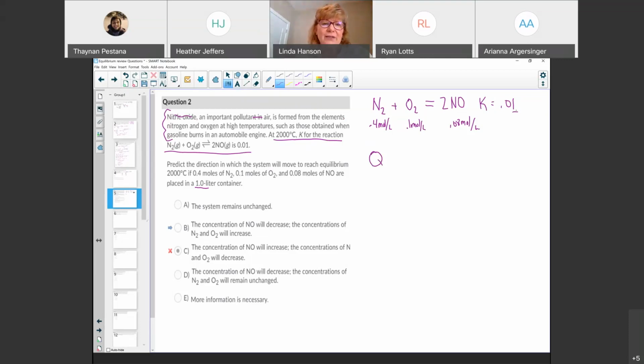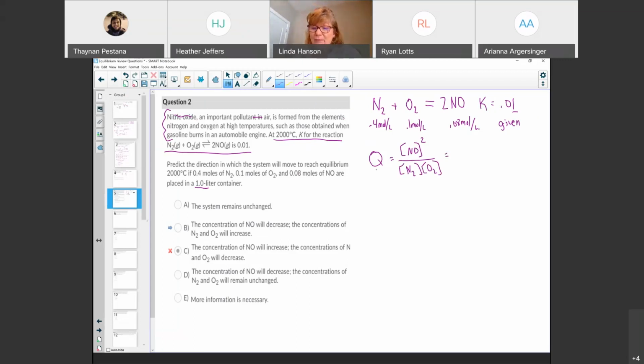So the strategy here, since we're given all of the information about quantities of all reactants, all products, let's calculate where we're at so far. Calculate Q, the reaction quotient. We know it's done exactly the same way as calculating an equilibrium expression. So I'm going to calculate using the concentration of NO squared over the concentration of N2 times the concentration of O2. And I'm going to compare the reaction quotient, the number I get, to the established K of 0.01.